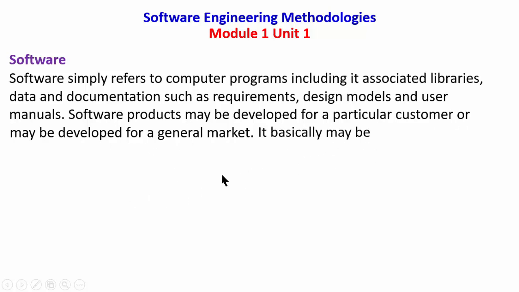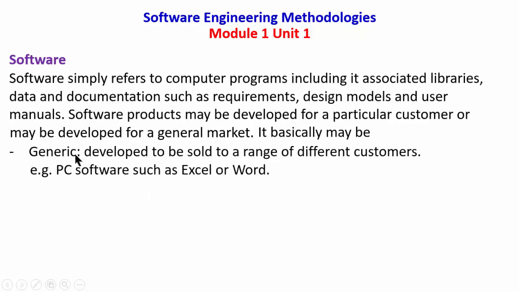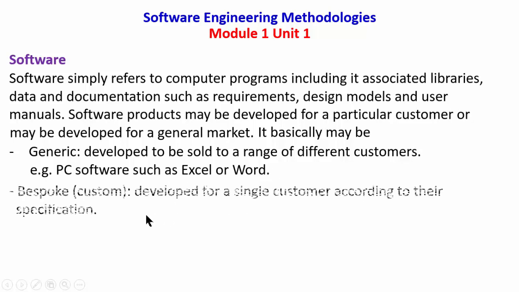It basically may be generic, developed to be sold to a range of different customers, e.g., PC software such as Excel and Word. Bespoke or custom, developed for a single customer according to their specification.